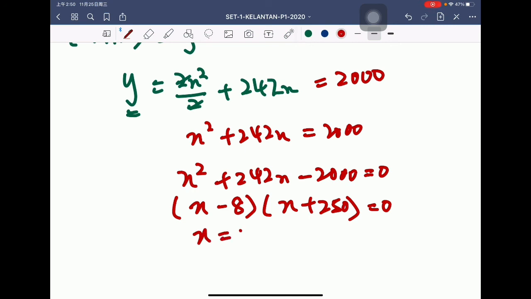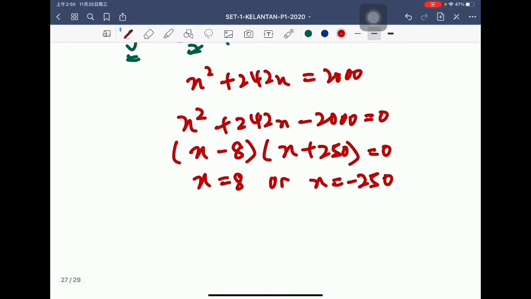Then x equals 8 or x equals negative 250. Since x represents the years, the time taken, x should be greater than 0. So x is 8. So this is the answer.